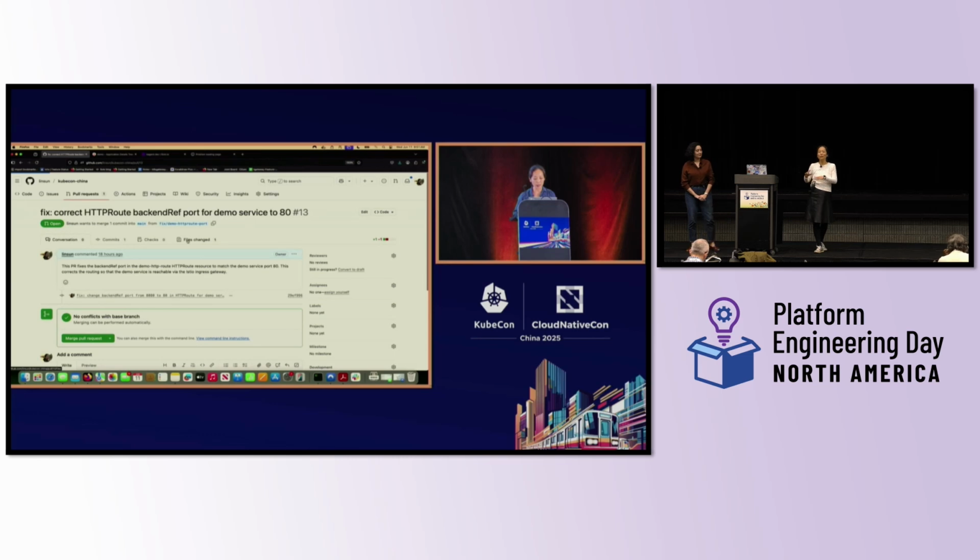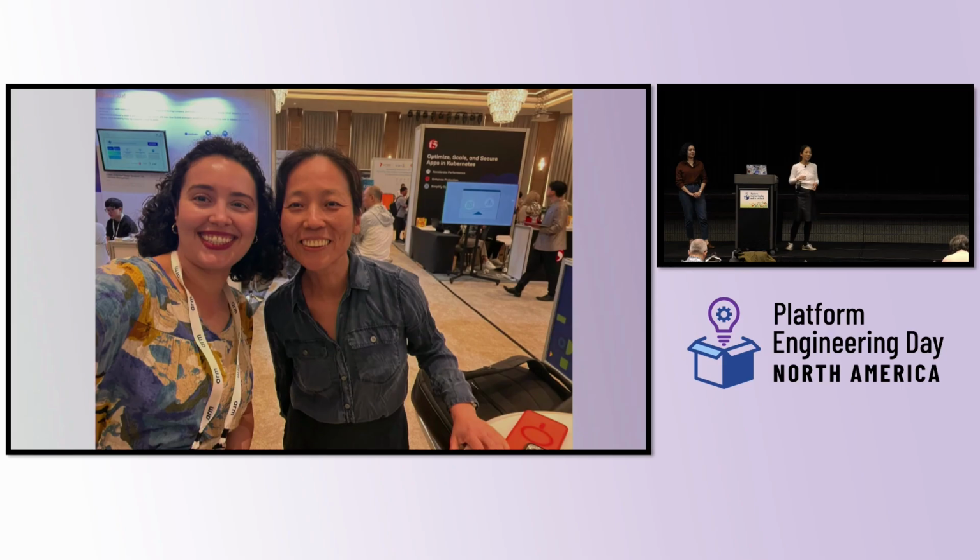The pull request contained a fix to the HTTP route of my cluster, so I was able to merge that pull request on stage and fix my environment. Sarah and I got together and discussed whether we could use this in her work. So we had some inspiration ideas, and I'm going to pass the microphone to Sarah to share her thoughts after she saw what I've done with kagent.